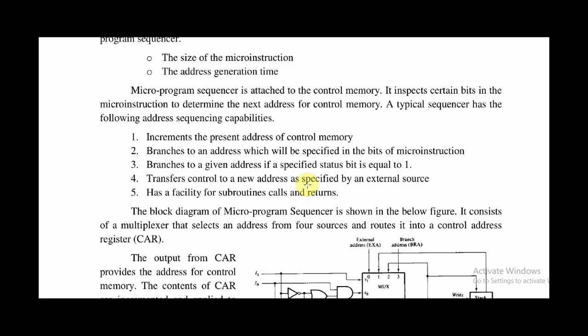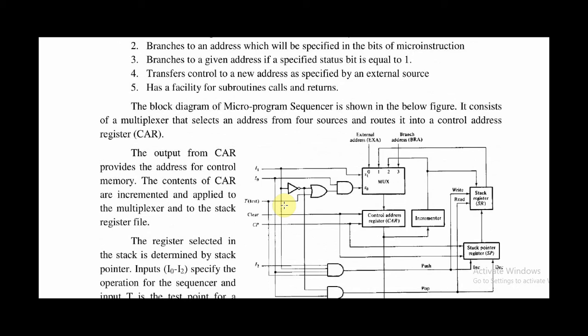Then the next one is to transfer control to a new address as specified by an external source. In some cases, we have to move the control to external sources. Another capability is to have a facility for subroutine calls and returns. That is, a microprogram sequencer should have the capacity to perform subroutine calls and returns.